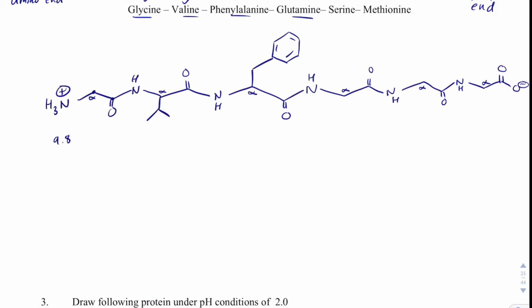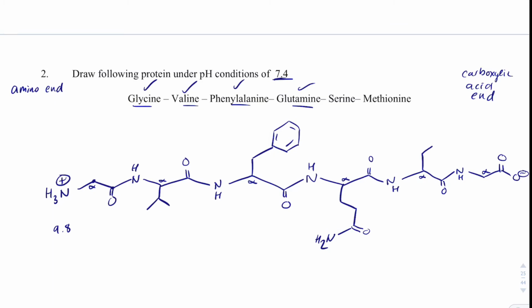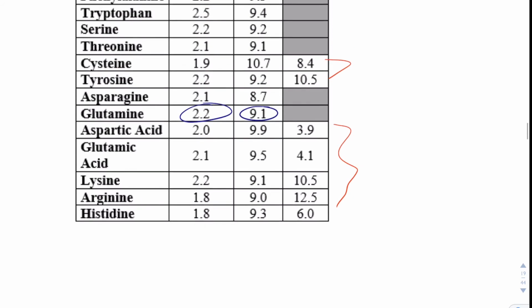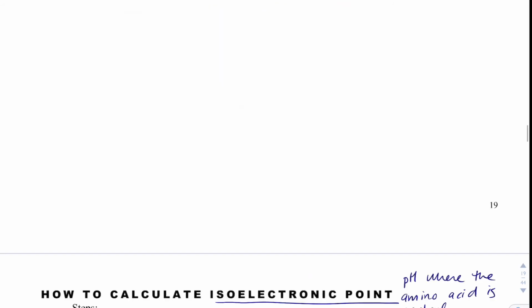So 1, 2, and then on the third carbon is where I have my carboxyl group, and then NH2. Serine looks like this. I'm going to double check the pKa of serine. Again, we don't have a side chain, so we're good.